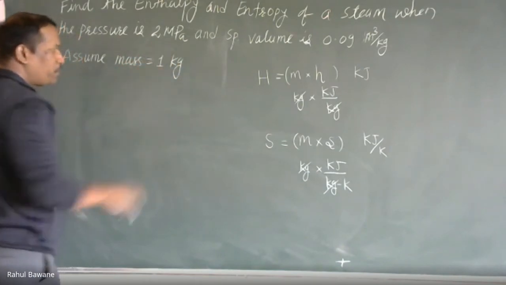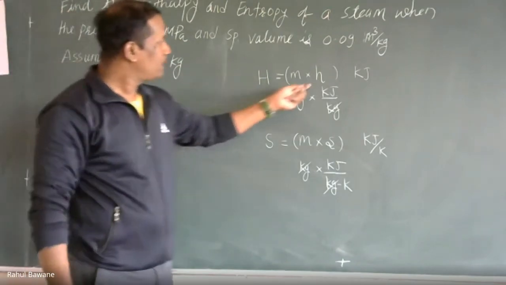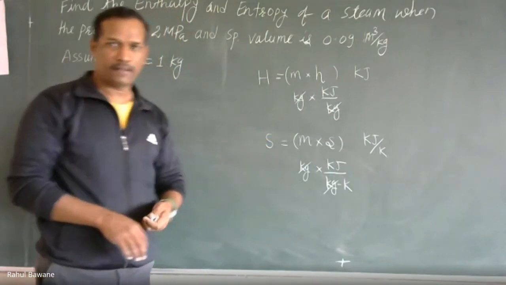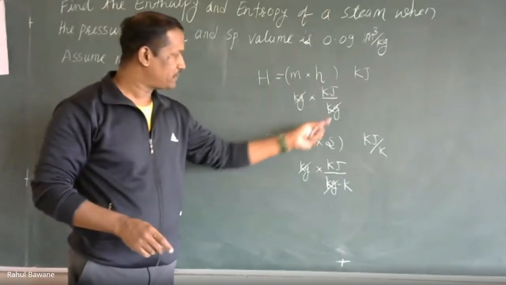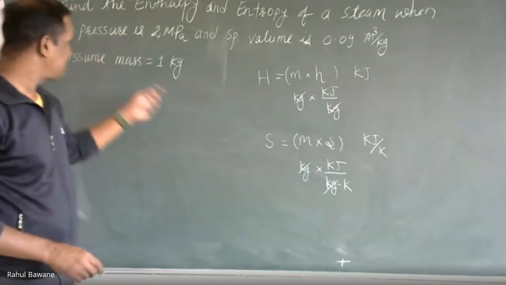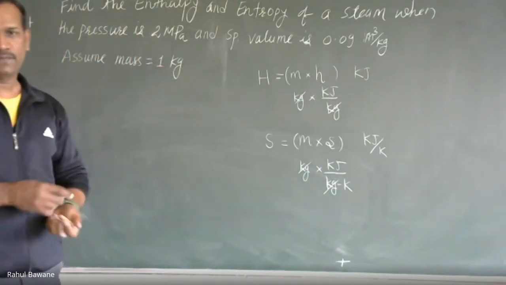If it is per unit mass, 1 kg, that means we are calculating small h, specific enthalpy, and specific entropy, because it is per unit mass. So if mass is not given, we will assume mass is 1. Accordingly we can calculate the enthalpy.